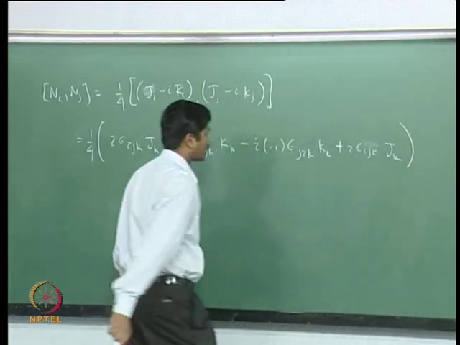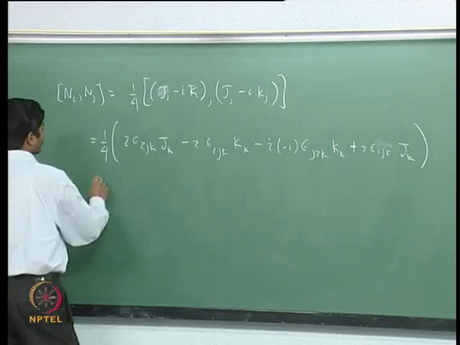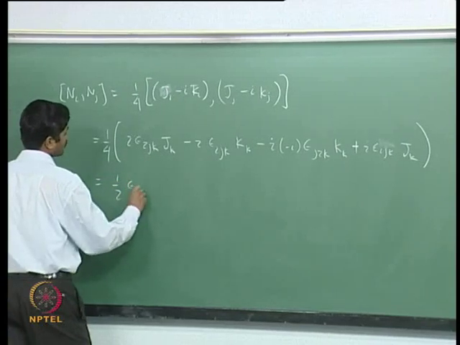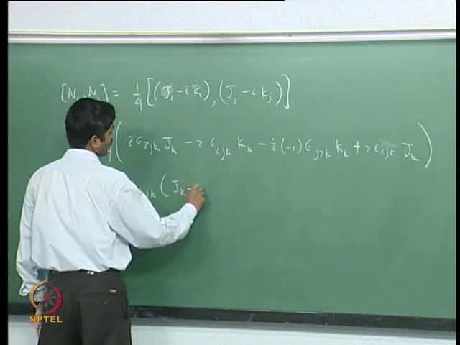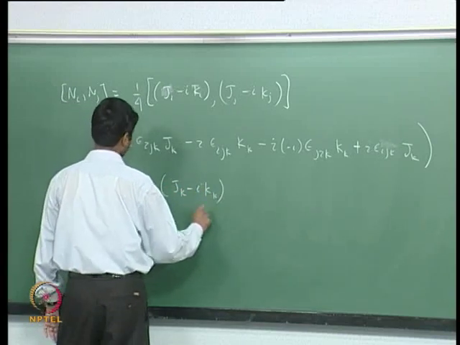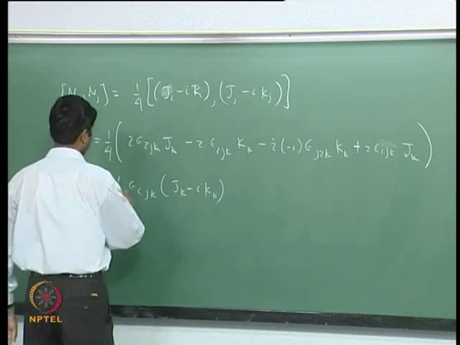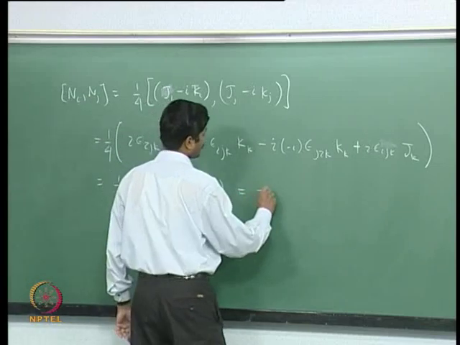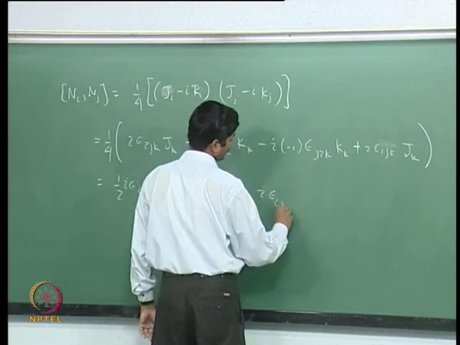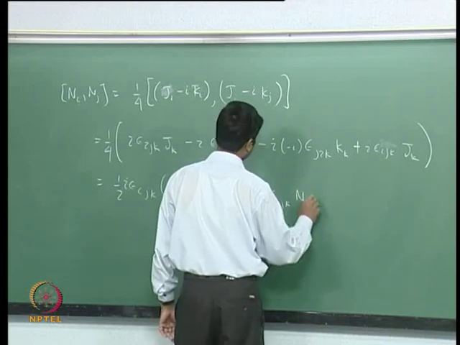Okay, this is very straightforward, and then you can see that this is nothing but half epsilon ijk times Jk minus i Kk. So is there an i also? There is an i. So this is nothing but i epsilon ijk Nk.